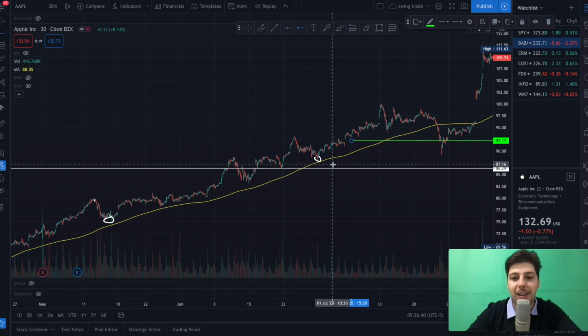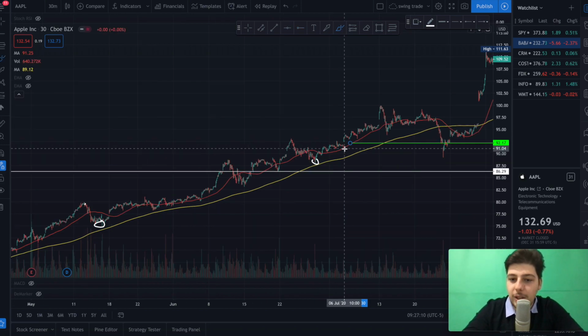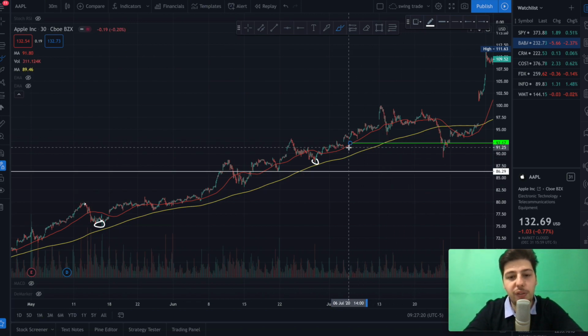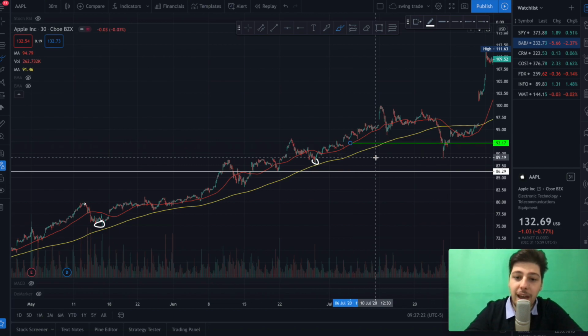And if you want to make more profits, you can even use another moving average to ride the trend. So your target is $92, and a perfect way to maximize your profit is to use another moving average. For example, we used the 50 moving average right here, and we're going to try to ride the trend using the moving average.